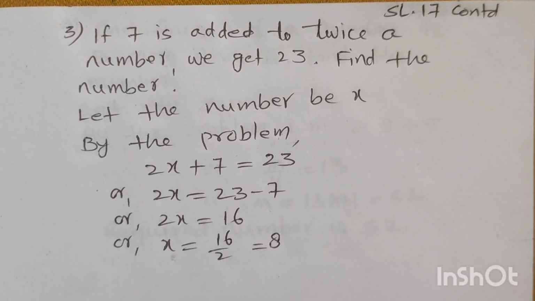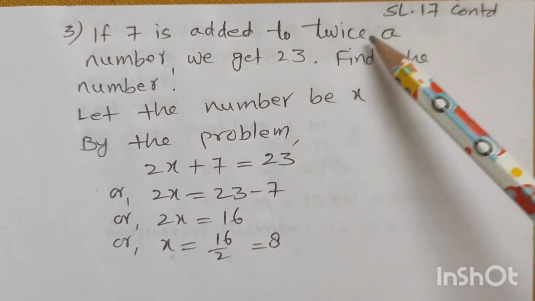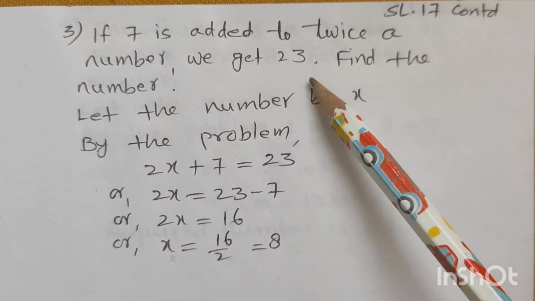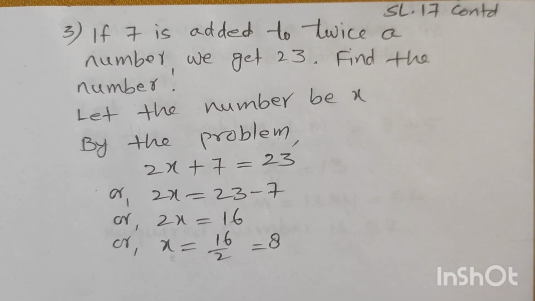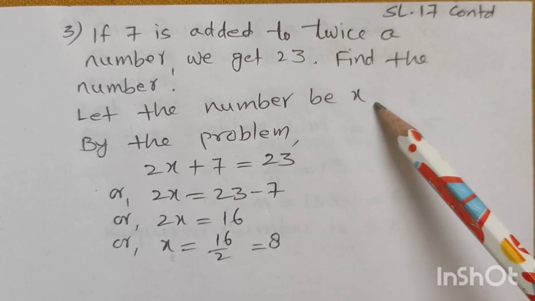This is the third example. If 7 is added to twice a number, we get 23. Find the number. We say let the number be x.